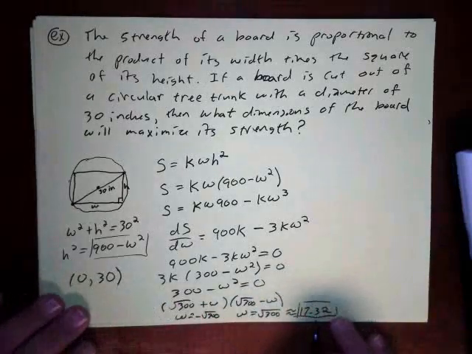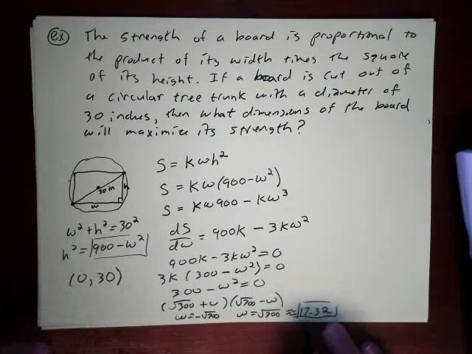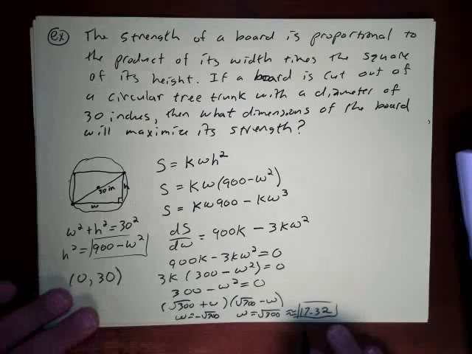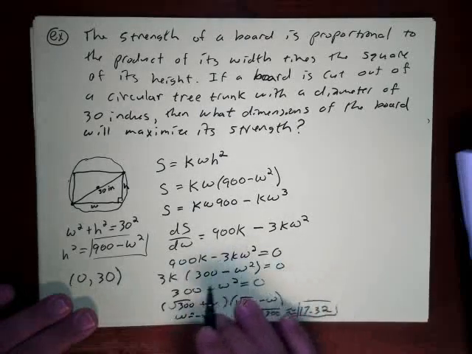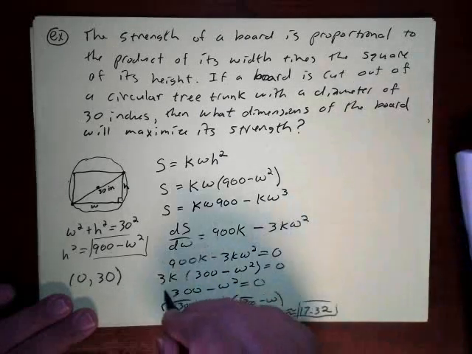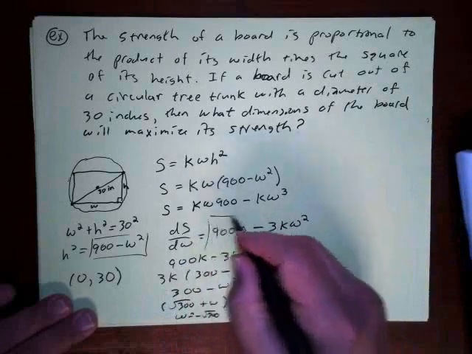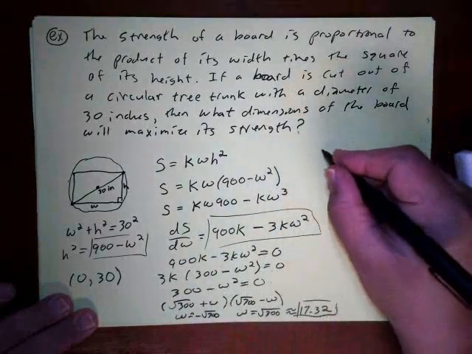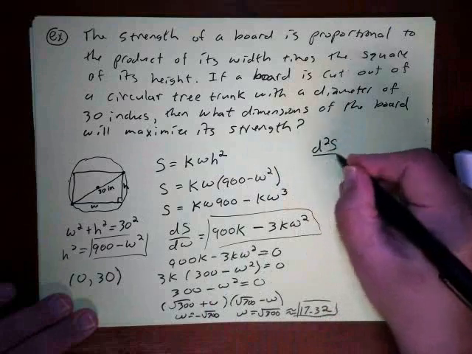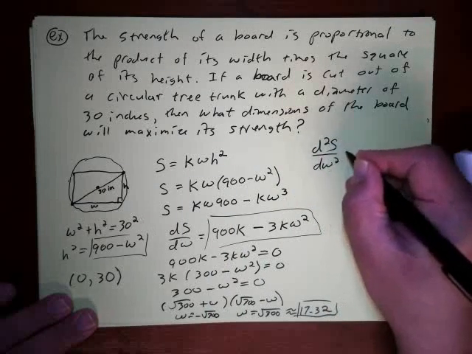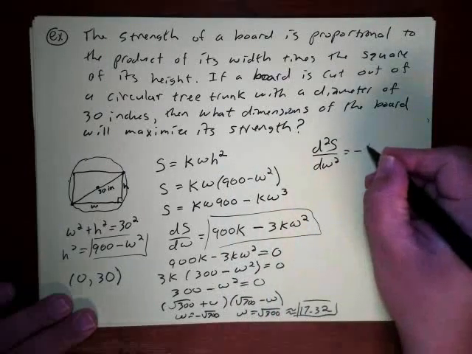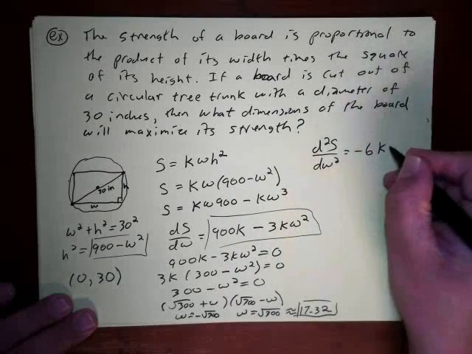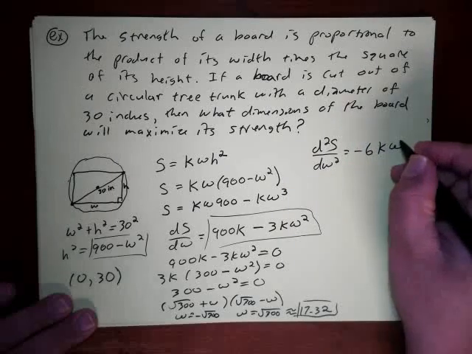Now we know that that is a critical point, but we don't know that it's necessarily a relative max. So let's take the second derivative. This is my derivative, right? So let's take the second derivative, d2S, and we'll do the second derivative test. This just goes away, I can bring the 2 down, and I get negative 6kW.